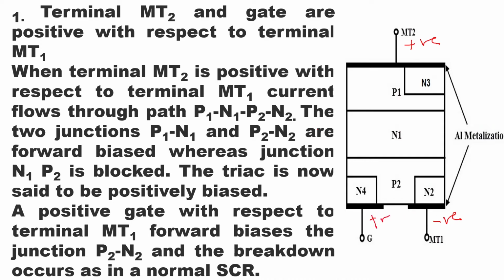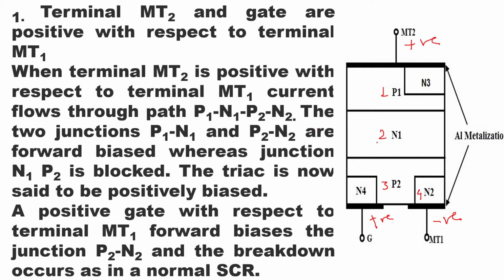If MT2 is positive, then the layers which come into picture are P1 as the first layer, N1 as the second layer, P2 as the third layer, and N2 as the fourth layer. In this way it is going to work.